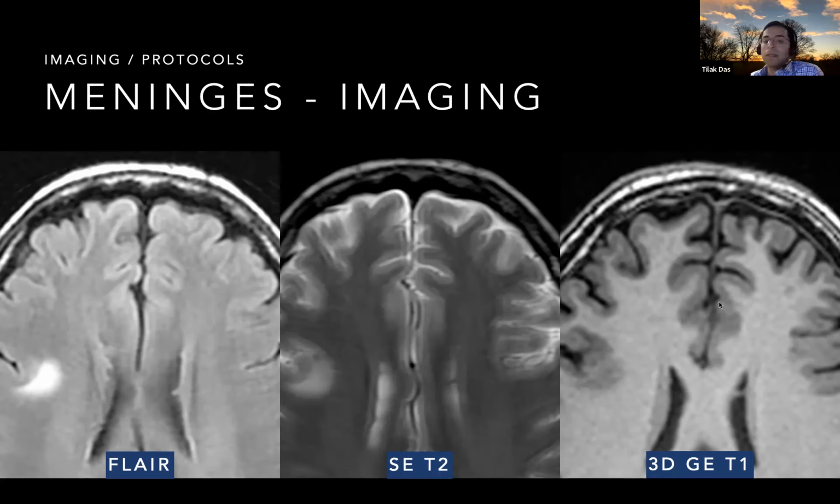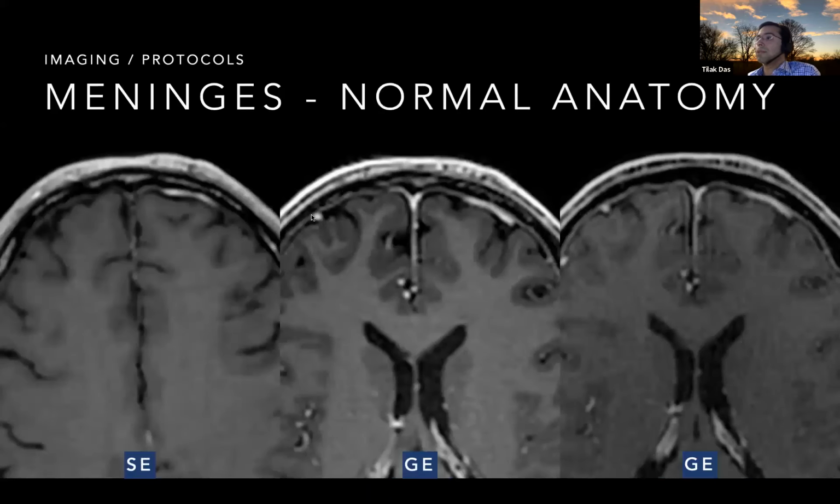And then on 3D sequences, which are used more commonly now, both unenhanced and post-contrast, you can see the dura quite well, such as in this example. This is with contrast, and there's a difference between how visible it is with field strength, but also the type of sequence. So dura tends to be more readily seen on gradient echo sequences compared to spin echo, and better at 3T than 1.5T.